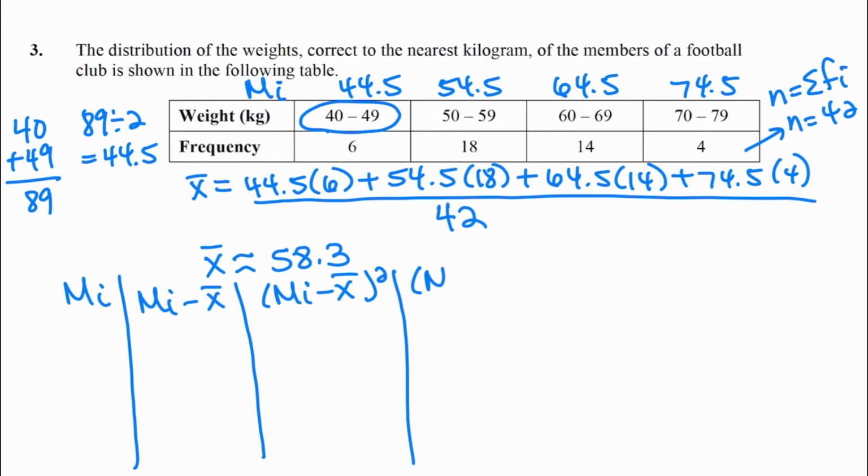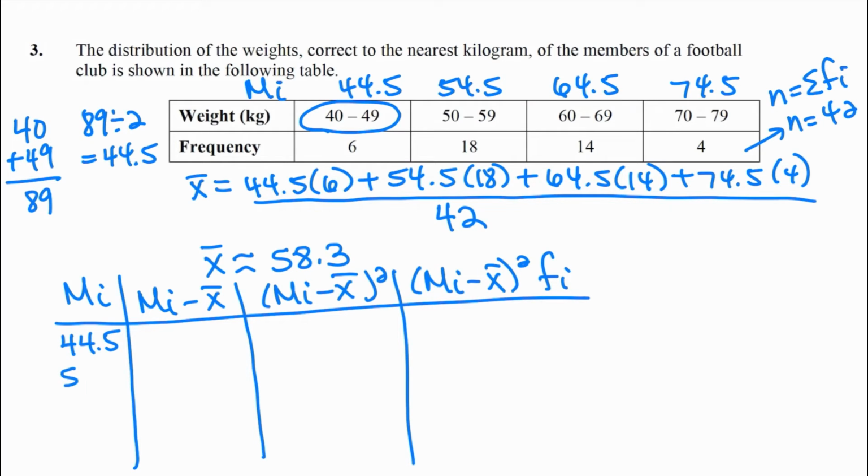Then I'm going to multiply those differences squared times the frequency. So I'm going to go ahead and list the midpoints: 44.5, 54.5, 64.5, and 74.5. I'm going to take each one of those values and subtract the average, which we said was 58.3.